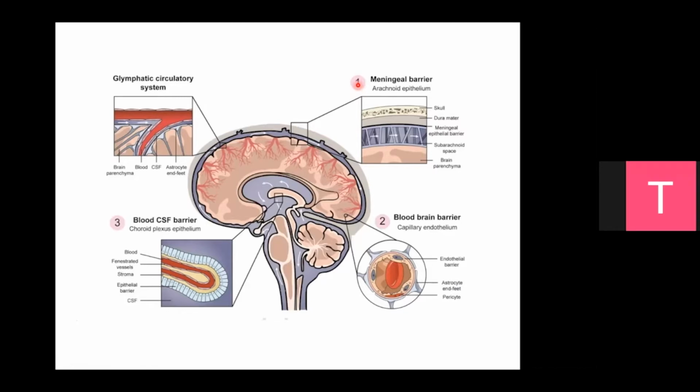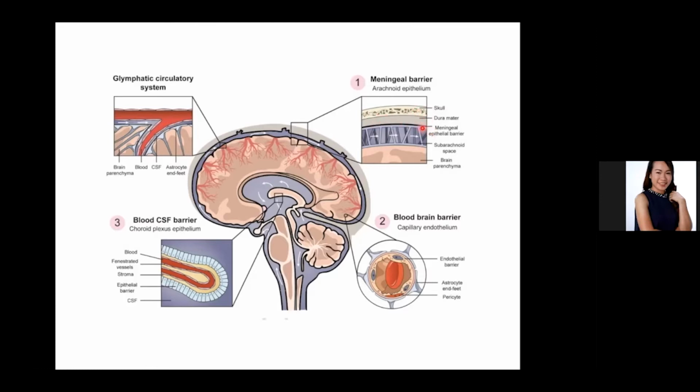Yes. So let's learn about the picture that is being shown on the screen. So we have here what we call the meningeal barrier, which is composed of our arachnoid epithelium. So there are different barriers that we're going to talk about. And when we say meningeal barrier, we have here, as magnified on this picture, the skull. Beneath it is the dura mater.